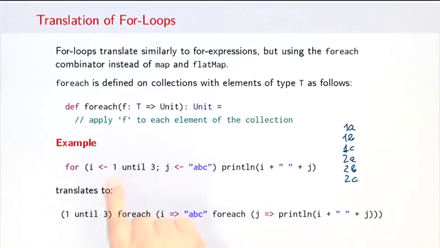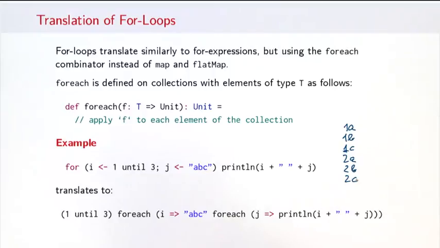You start with the first range 1 until 3. You apply the closure i arrow something to that range. That closure takes each element i, taken from 1 until 3, and does a nested call of foreach, where the base collection is the string ABC, the loop variable is the j, and the final result is the println.